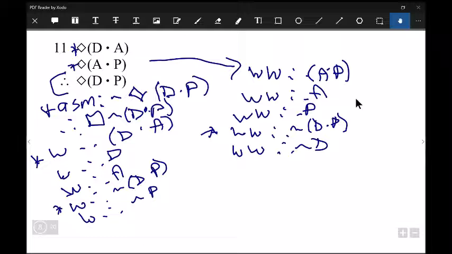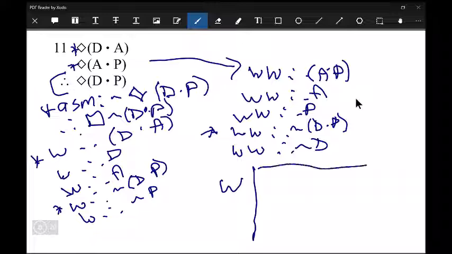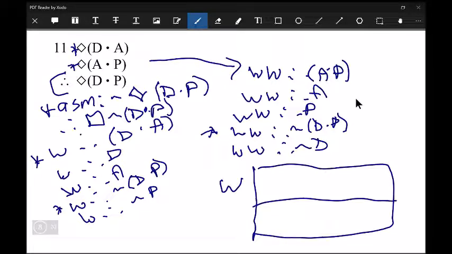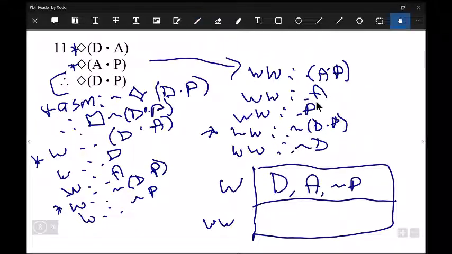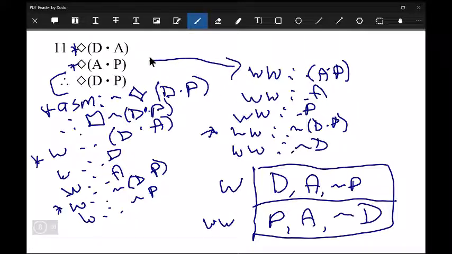So how do you disprove it? Well, you have a world W and a world WW. In world W, you have D, A, and not P. And in world WW, you have P, A, and not D. Then you evaluate the premises and conclusion. Possible D and A: some possible world has D and A. True.